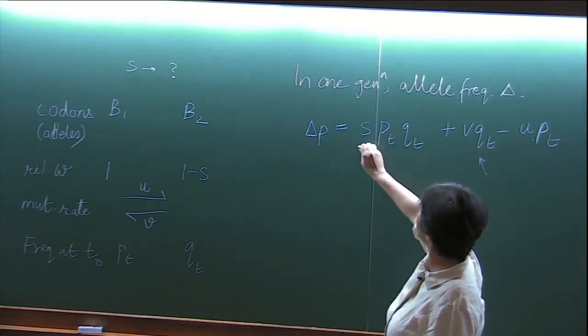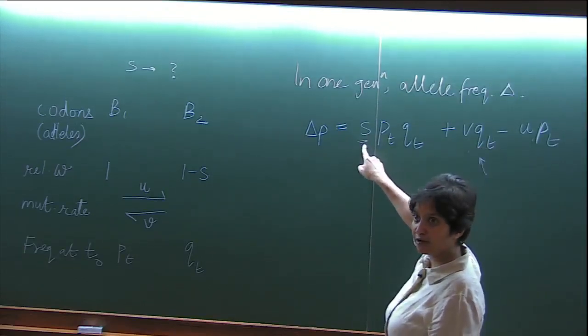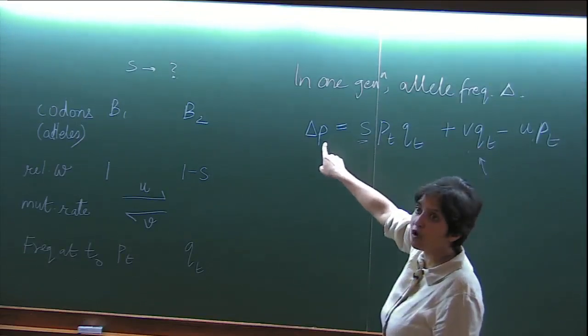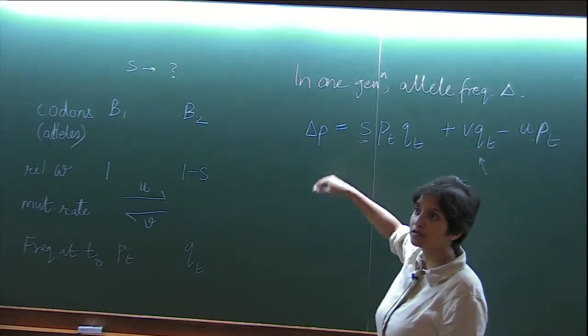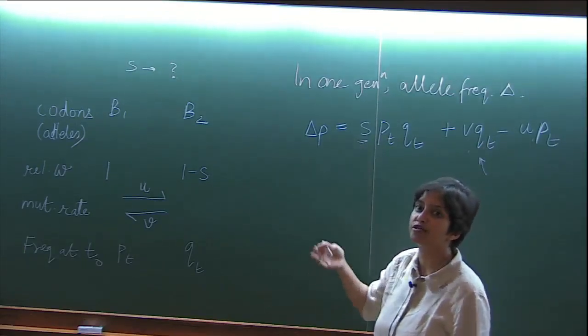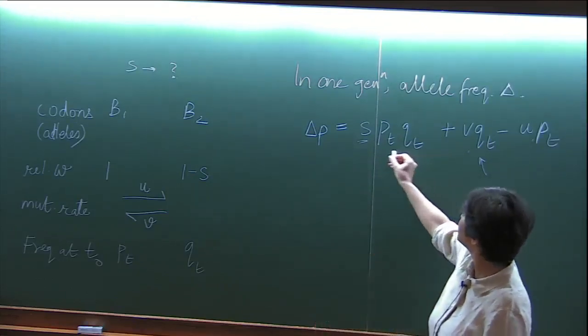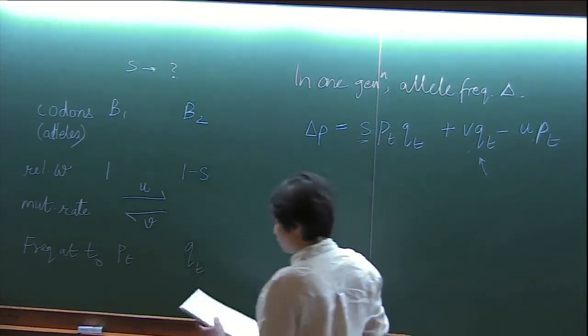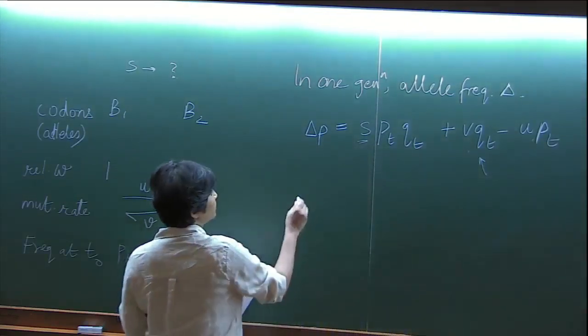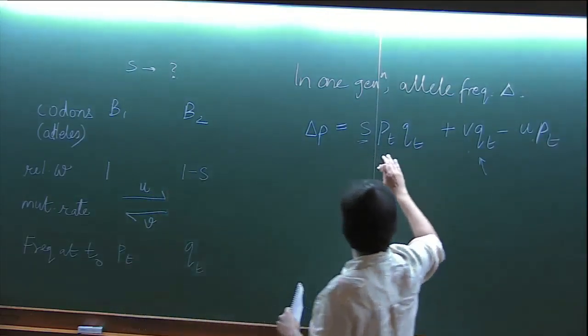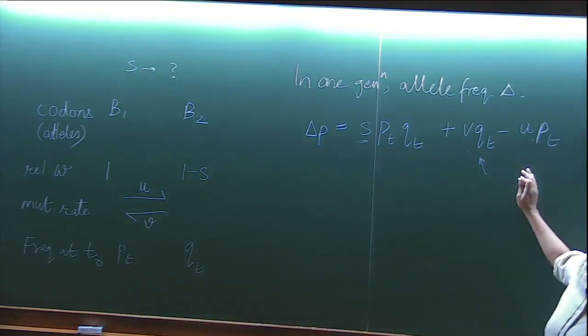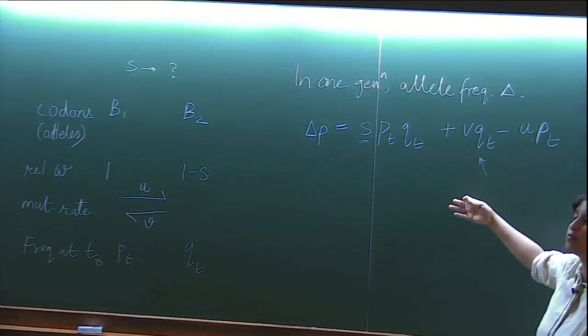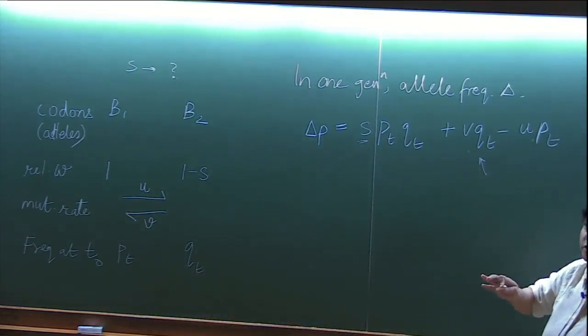And this is effectively saying, based on the value of S, how much am I going to alter the frequency of P in this population at this point of time, given the frequencies in the previous generation. Yeah? So this is all fine, but this is not really dealing with population size at all, which is ultimately what's going to determine the impact of drift versus selection.